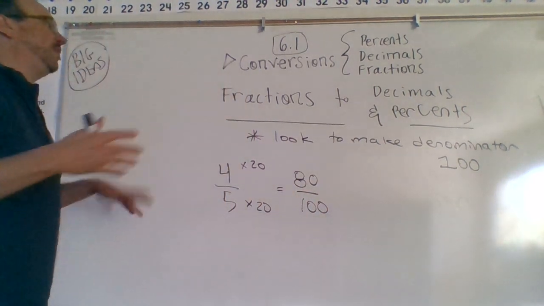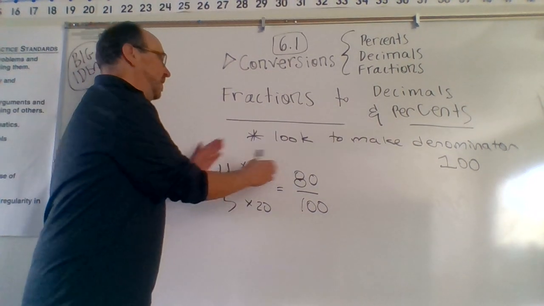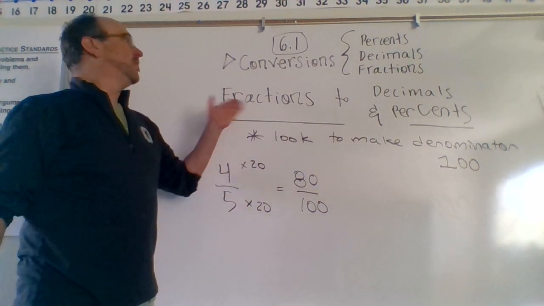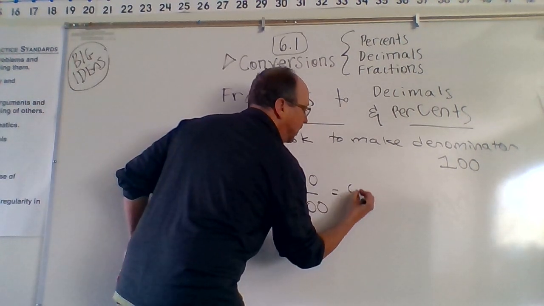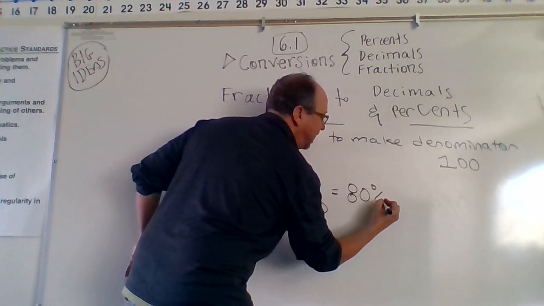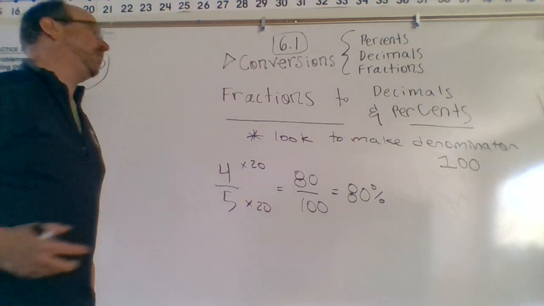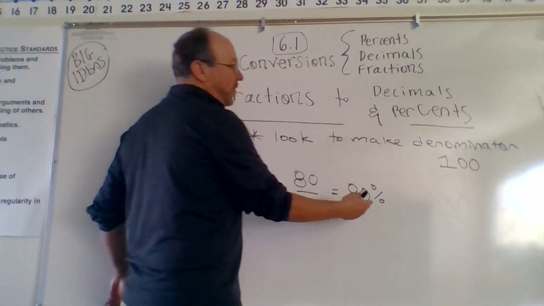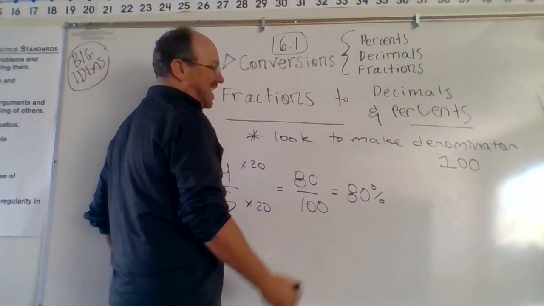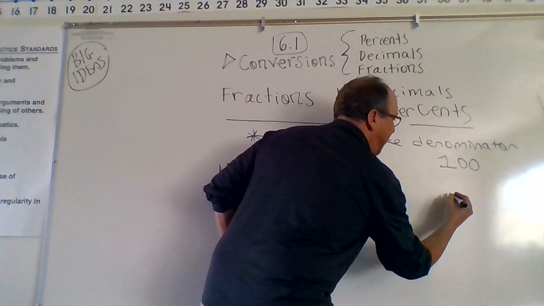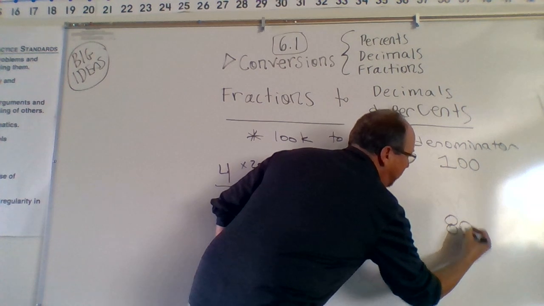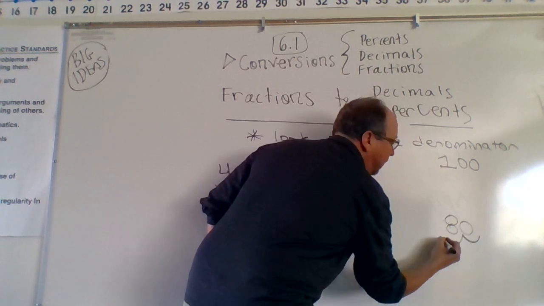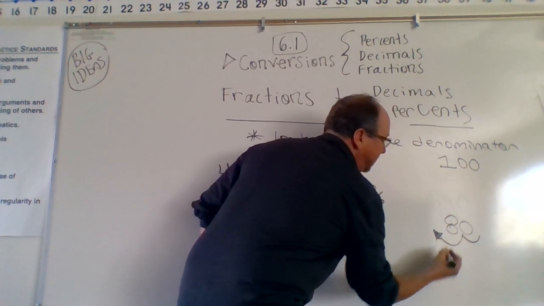And then from here, it's all pretty easy, right? So we've got 80 over 100. A fraction or a percent is per 100. So that is 80%, 80 per 100. And if we wanted to go from a percentage to a decimal, we would remove the percent sign, go 2 places to the left.